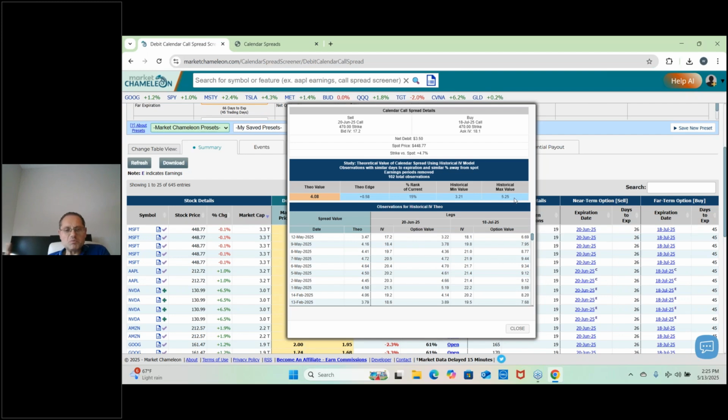So by opening this up, we see that this particular setup right now is on the lower end of the historical range, priced at the lower end. Not completely at the low end, but on the lower end. Close that.